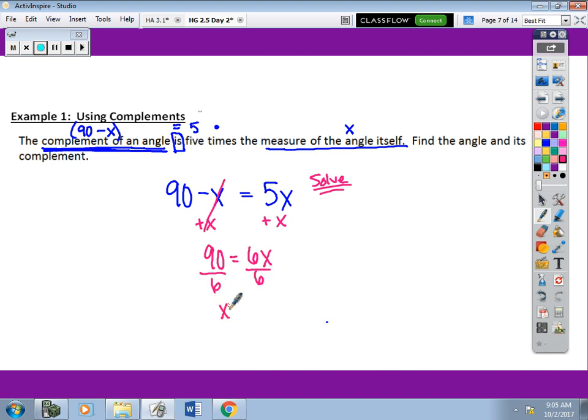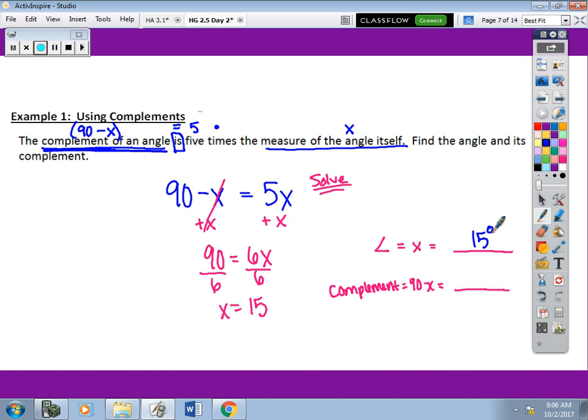Now, just make sure you don't mix up the angle and the complement. The angle itself is x. The complement is 90 minus x. So the angle itself is 15.